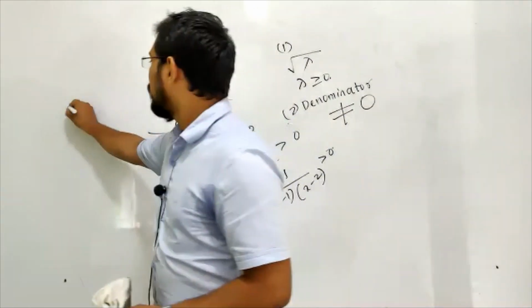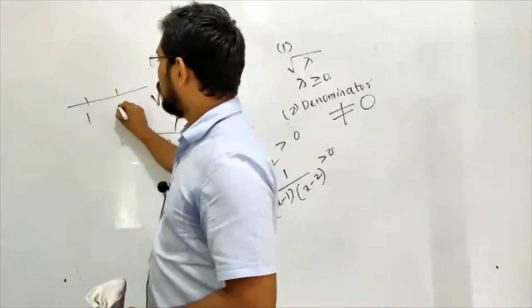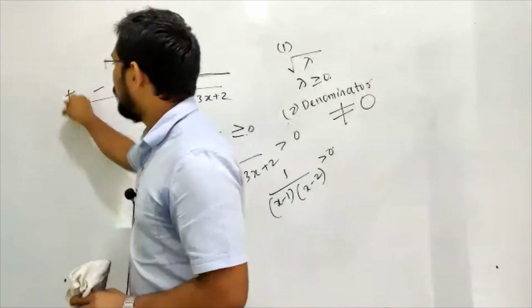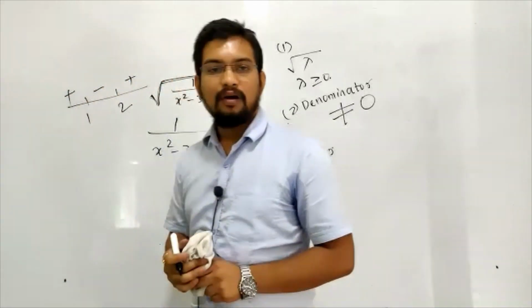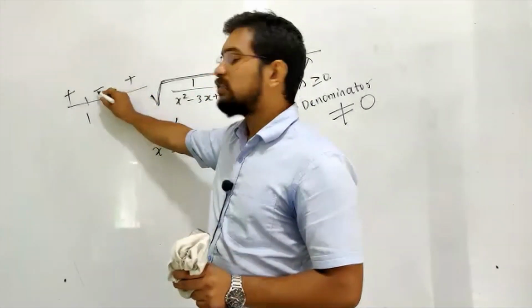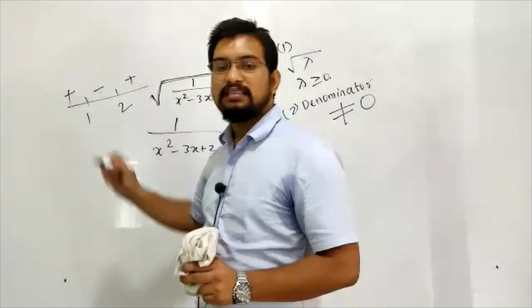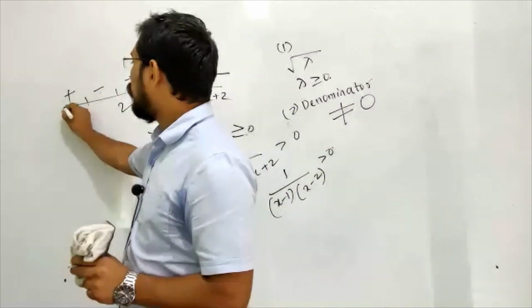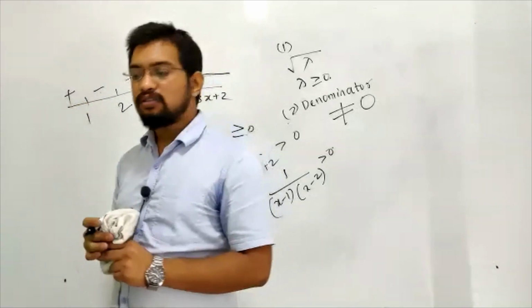Again take the interval with 1 and 2, and the wavy curve: plus, minus, plus. All are odd powers, so at 2 the sign changes, and at 1 the sign changes again. You want plus, because they are asking for greater than 0.